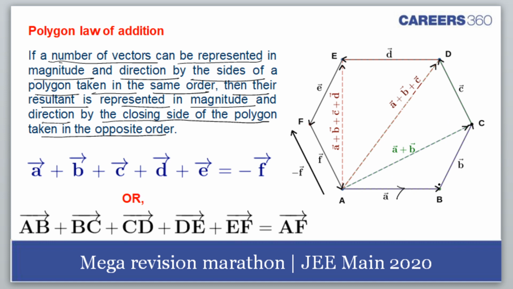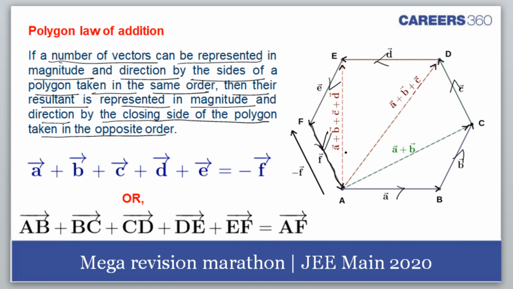So AB plus BC plus CD plus DE plus EF, till here only, that would be the closing vector, equal to the vector AF.